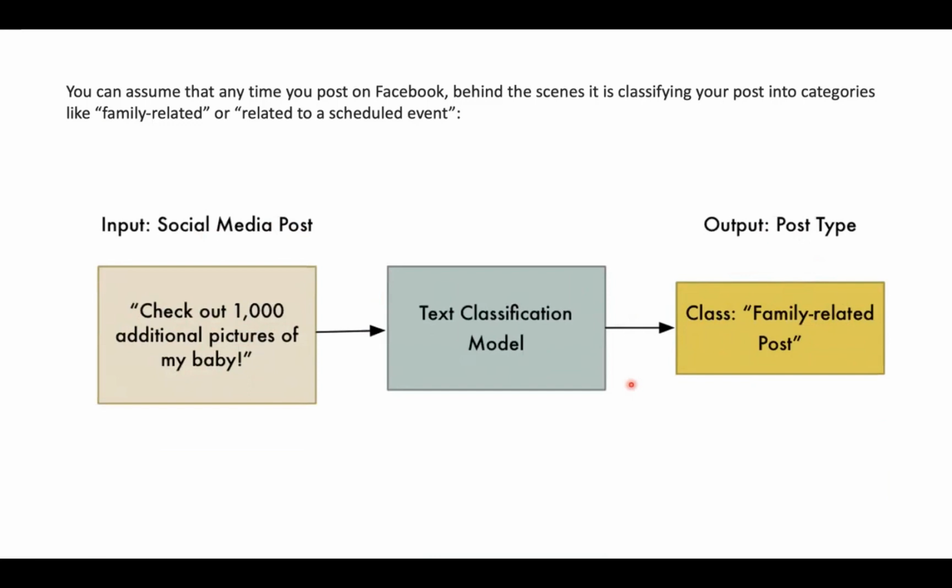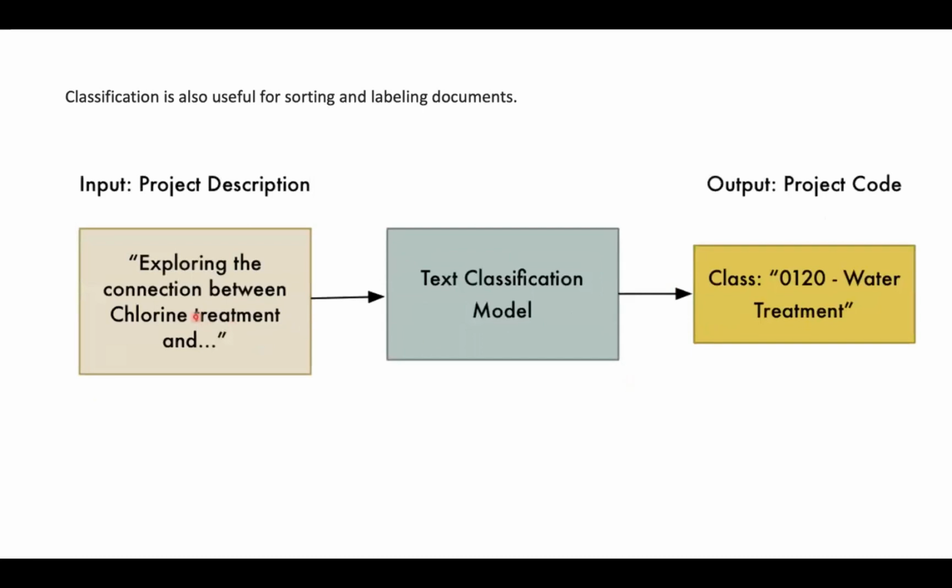Classification is also useful for sorting and labeling documents. Imagine that your company has done thousands of consulting projects, but your boss wants them all reorganized according to a new government project coding system.